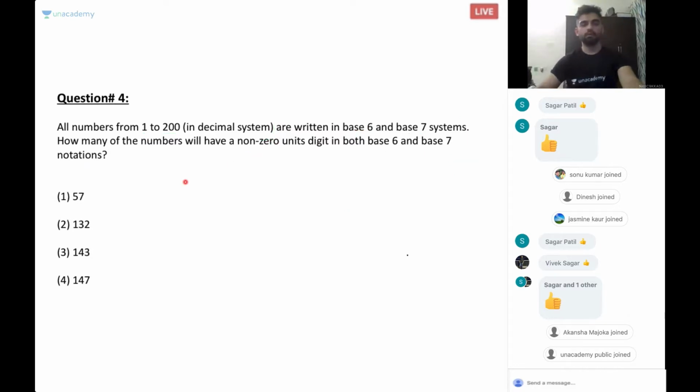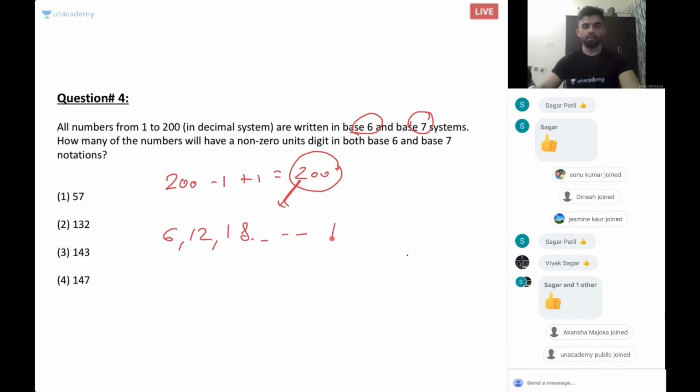So 1 to 200, how many numbers do we have? 200 minus 1 plus 1. There are 200 numbers. Okay. Out of these 200 numbers, how many numbers will be divisible by 6 or will be multiples of 6? And how many numbers will be multiples of 7? You can find out 6, 12, 18, and so on up till 198.